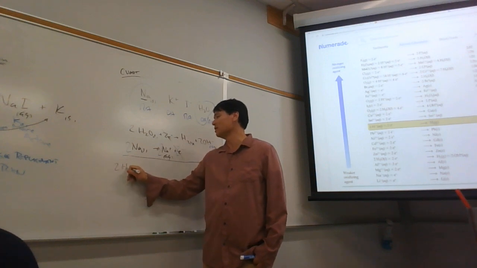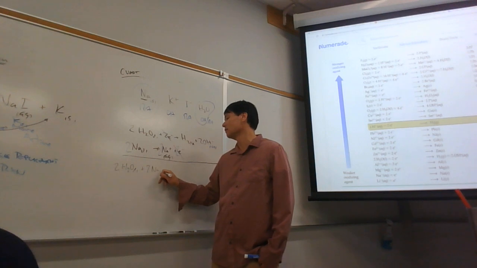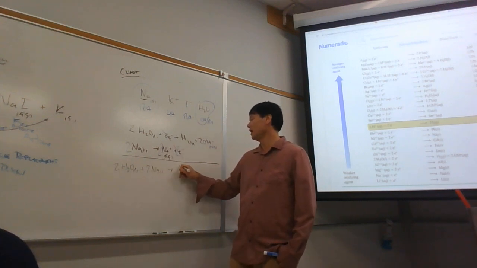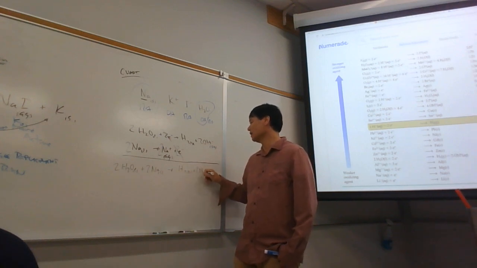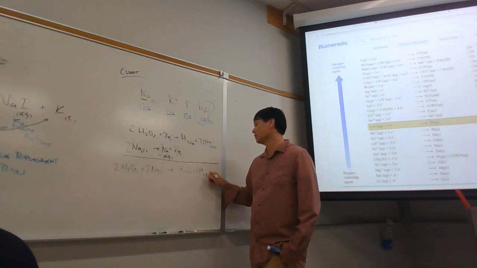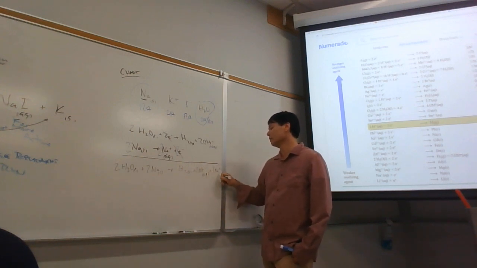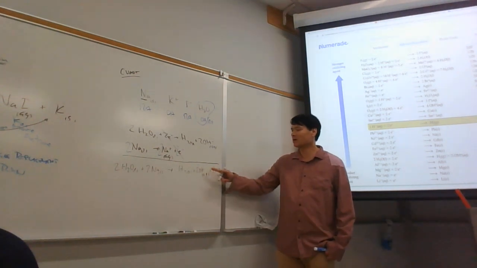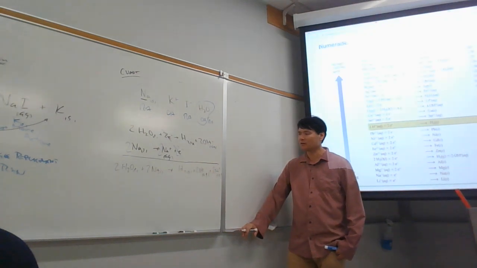And so we're going to have 2 H2O liquids plus 2 sodium solids producing H2 gas plus 2 hydroxide aqueous plus 2 sodium plus aqueous. Sodium and hydroxide is sodium hydroxide, NaOH, but we'll just leave it written like this.